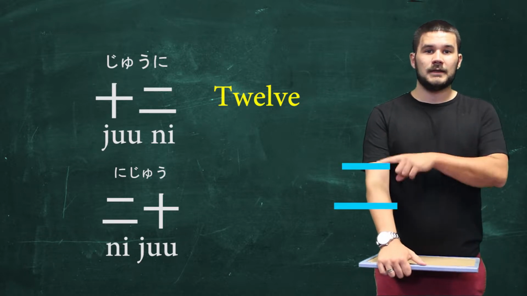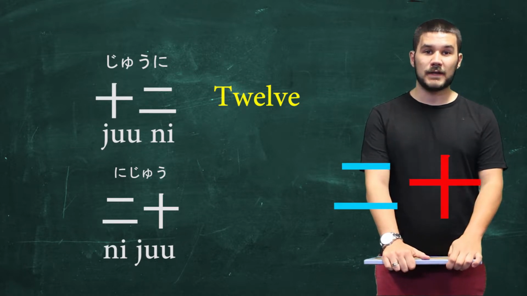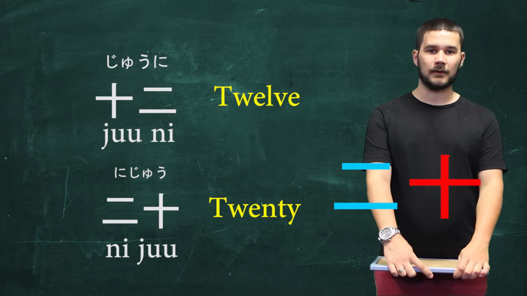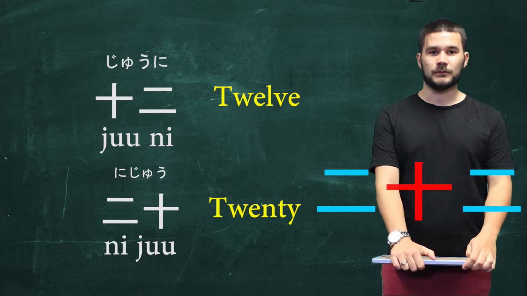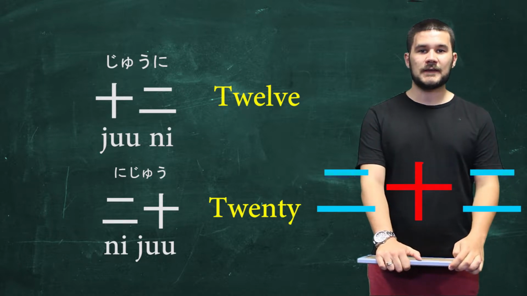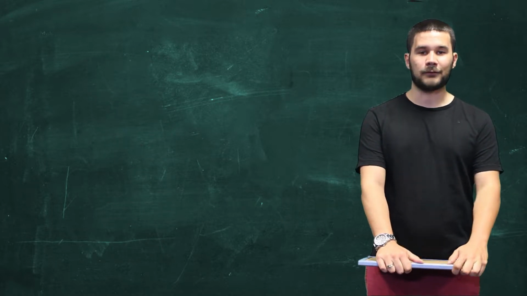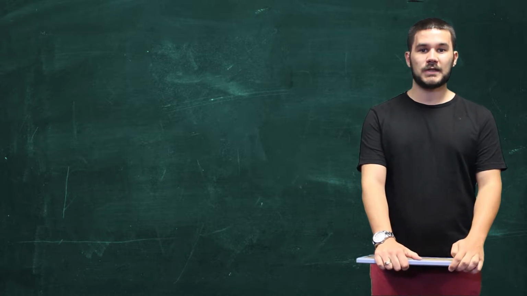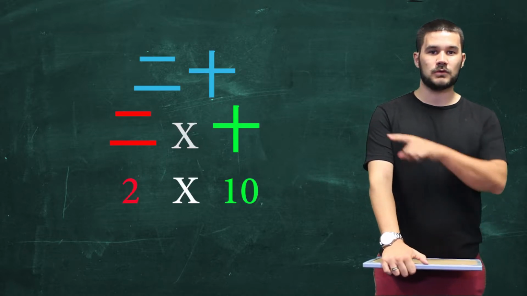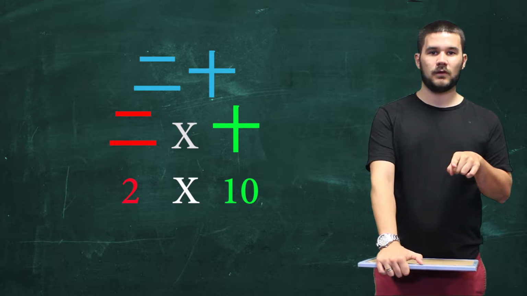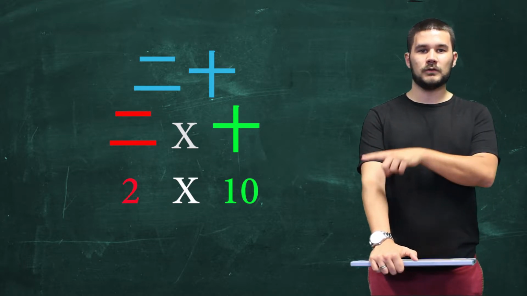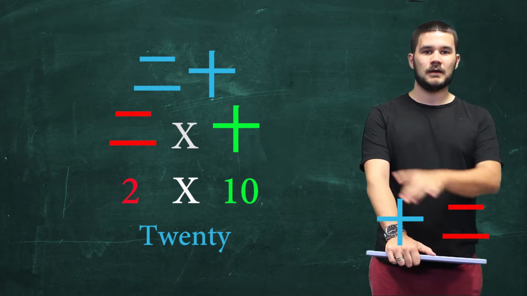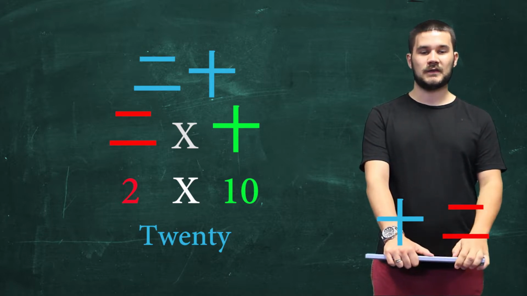So if we had ni ju, it would be 20. So 2 lots of 10. Ni ju ni, 22. So you can see that if you place a smaller number in front of a larger number, it changes the way it is said. So 2 lots of 10 rather than 2 plus 10. 2 lots of 10 is 20. 10 plus 2 is 12.